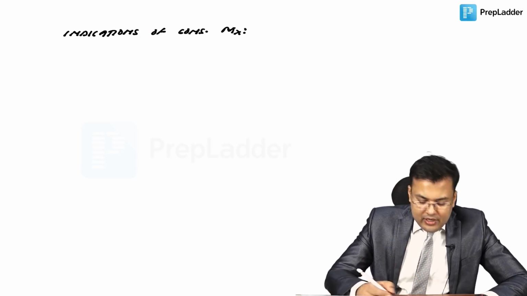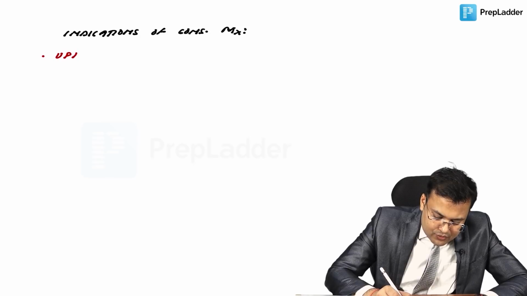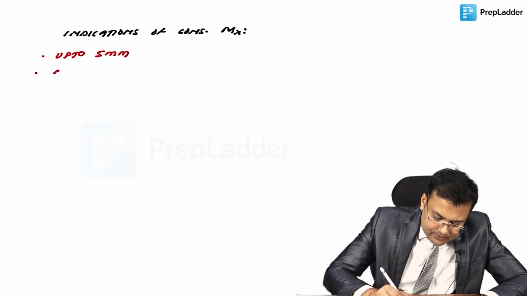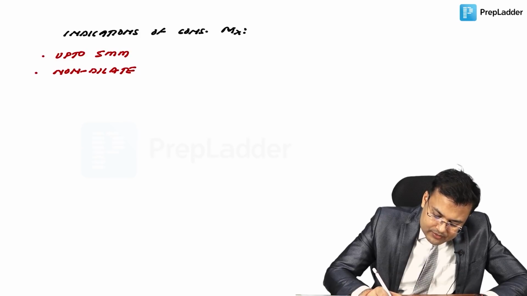Okay, the most important thing is what? Size of stone. So size up to 5 mm. There should be a non-dilated ureter.